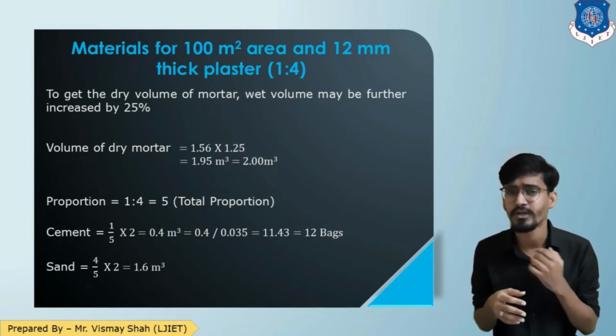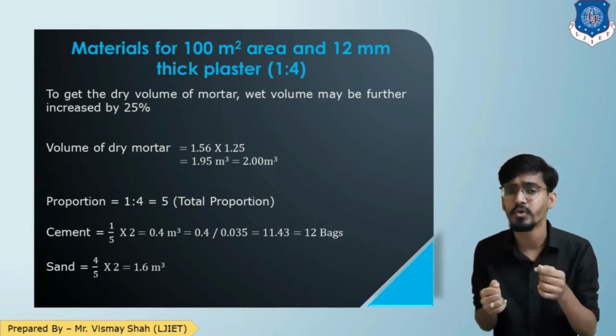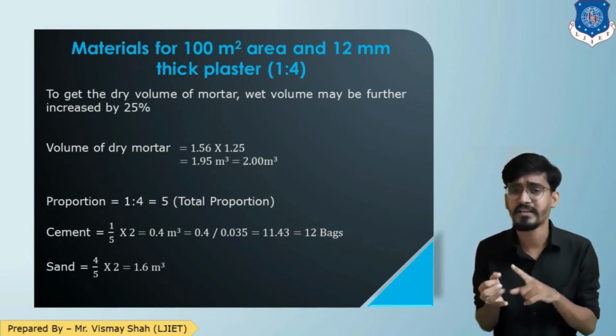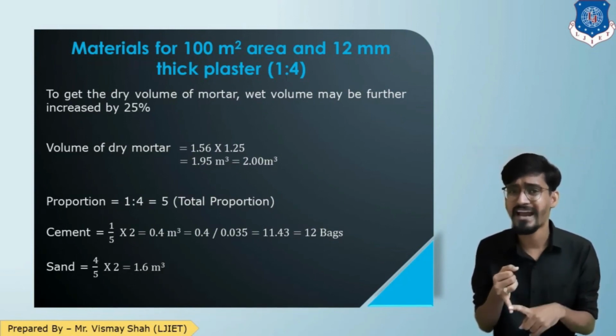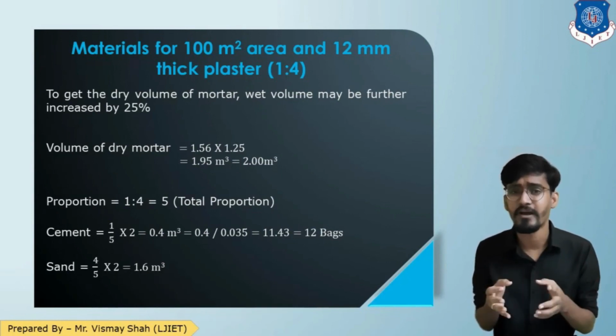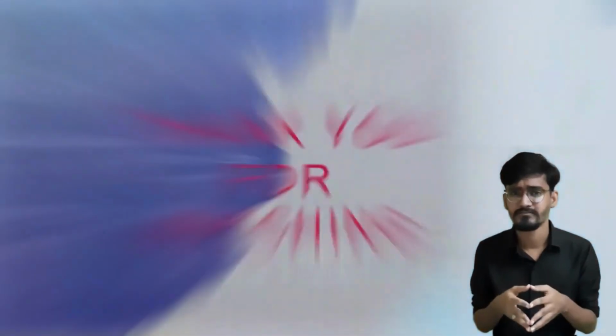And then we have seen the calculation of plaster, in which we first do area into thickness, then 30% for the uneven surface and wastage, and 25% for wet to dry. And in the brickwork, for frog filling, cut bricks and bonding, 15%, and for wet to dry, 25% extra. So I hope we are clear.